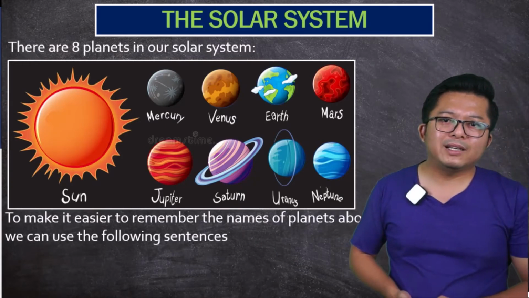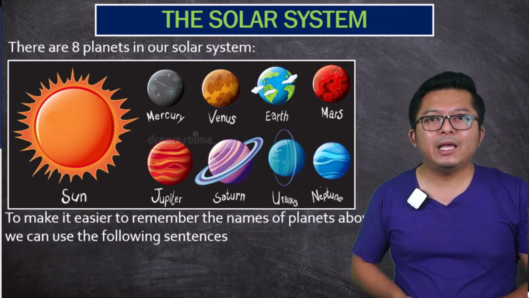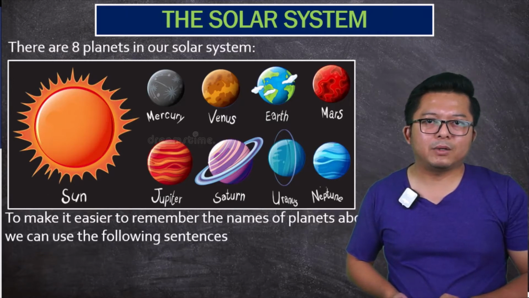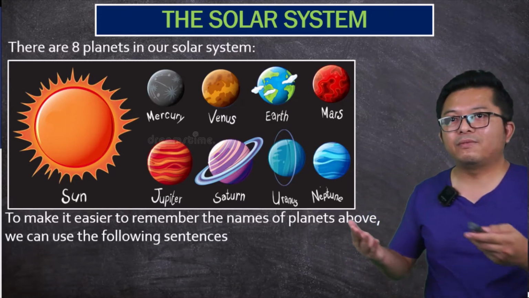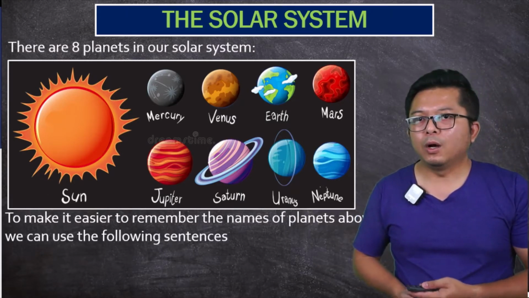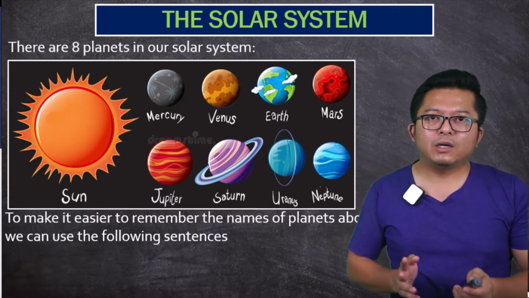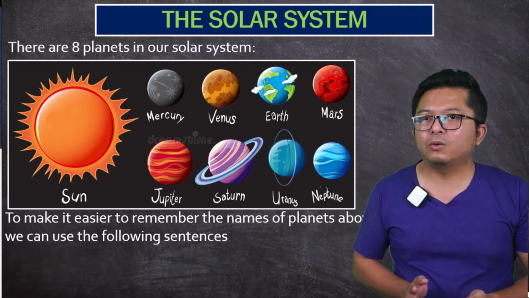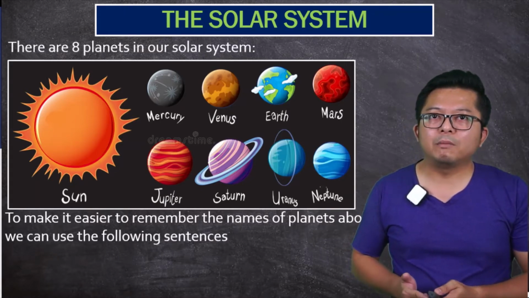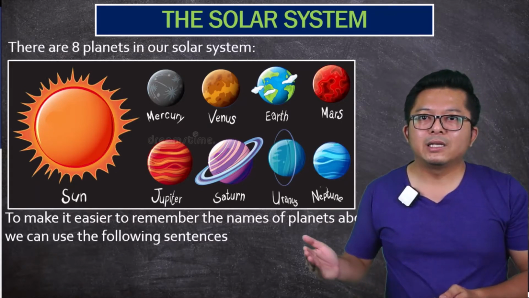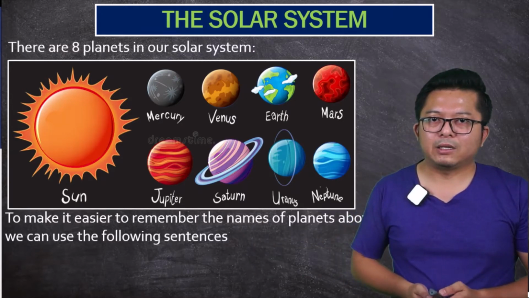But to make it easier to remember the names of these planets, because you are new, maybe this is the first time you heard the names of the planets in our solar system, so it's kind of hard to remember the arrangement. Where does Mercury lie?